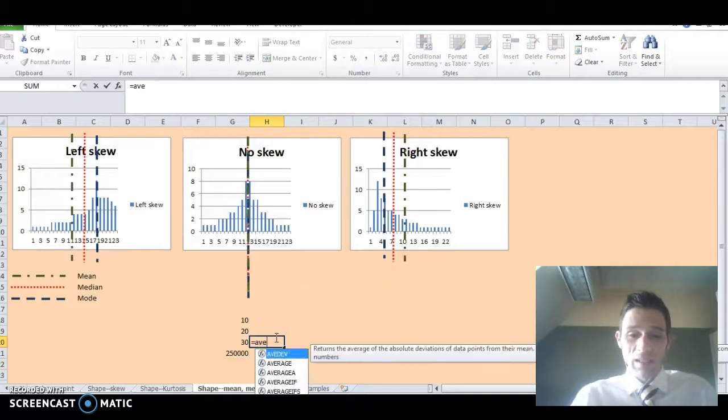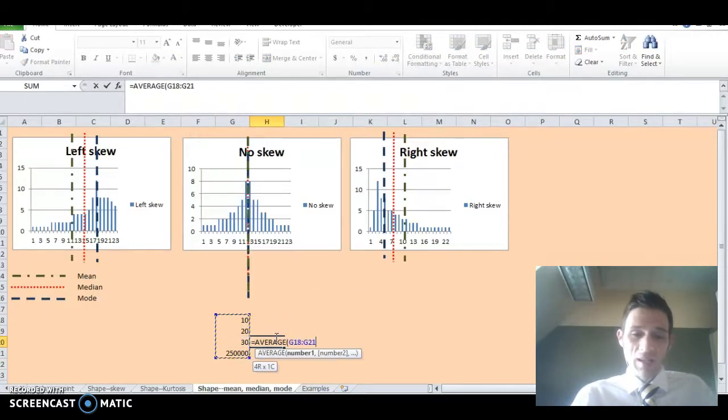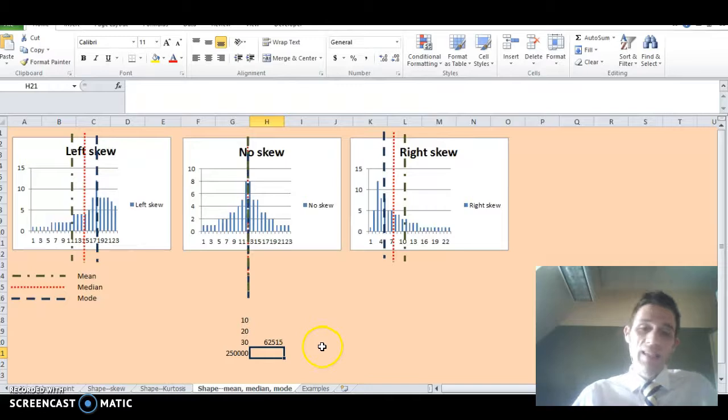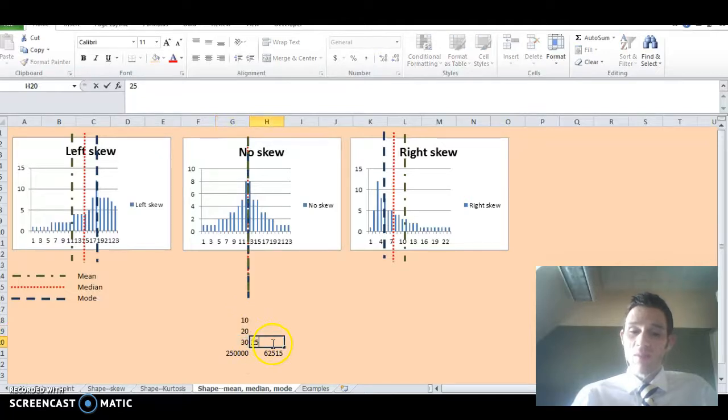So we can do a little Excel magic here, and we now see that the mean is $62,515. So before we had mean of 20 and median of 20, now we have mean of 62,000, and the median, now we have an even number data set, so the median is right between 20 and 30 at 25.